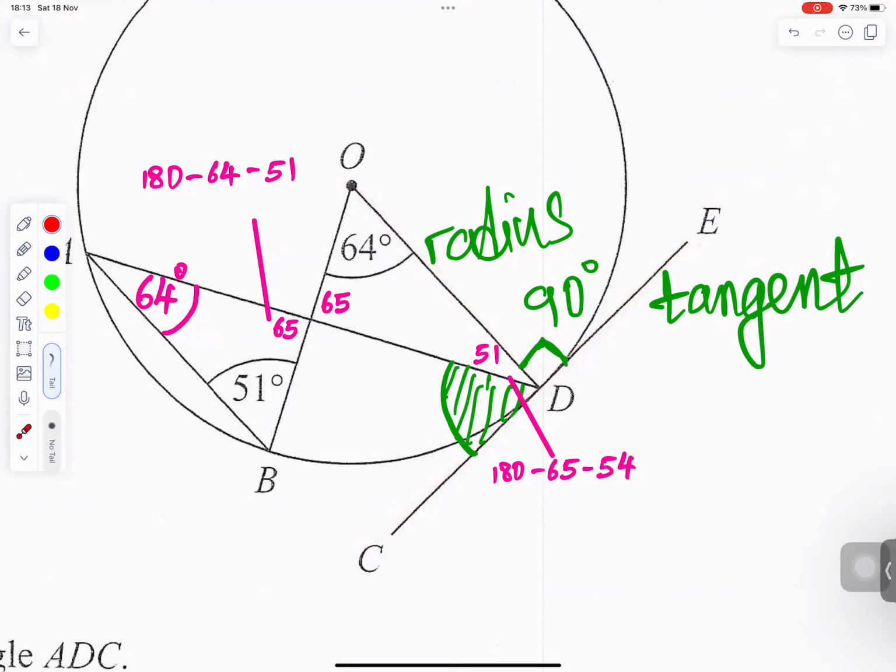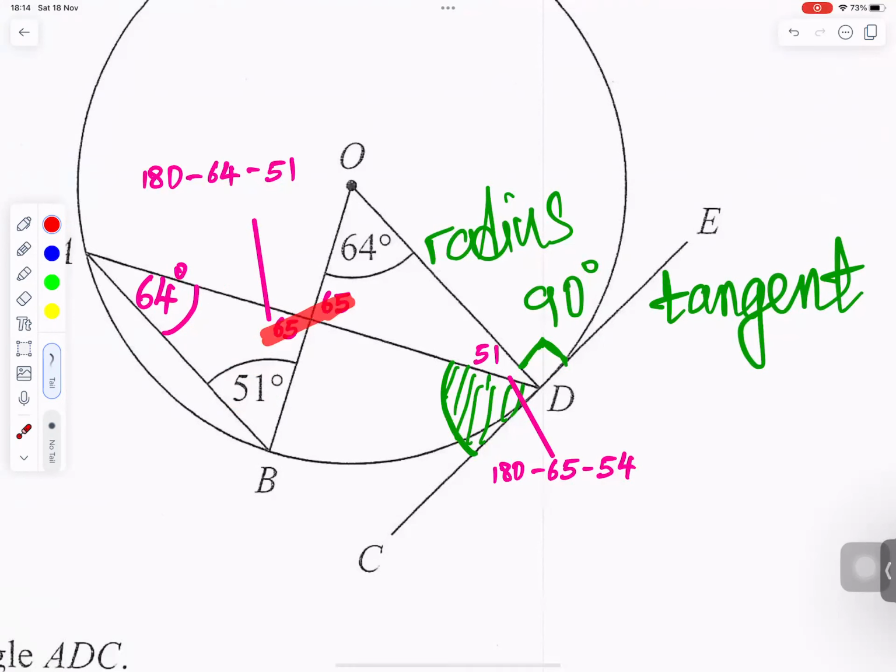Now, what else do we get from this? We know this is 64. If you put this arc like that, that gives you 64. And we use the same arc. That means this one is 64. Angle in the same segment. That's 64, 64. And then you can work out, this one is 51. So 180 minus 64 minus 51, it gives you 65.